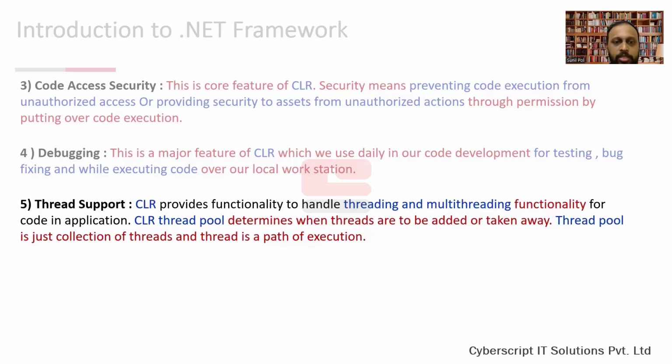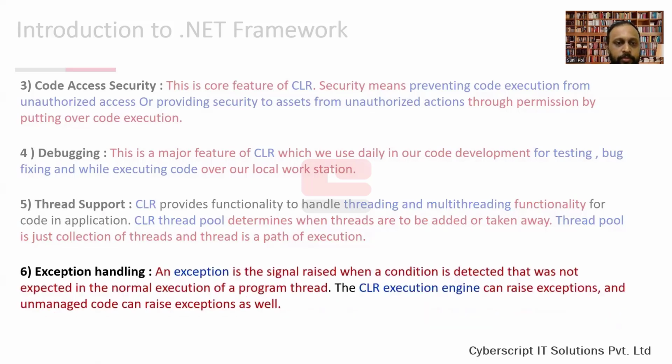A thread pool is just a collection of threads, and a thread is a path of execution. The next task is exception handling. There are compile time and runtime exceptions, which can be handled by CLR. An exception is the signal raised when a condition is detected that was not expected in the normal execution of the program. The CLR execution engine can raise exceptions, and unmanaged code can raise exceptions as well.